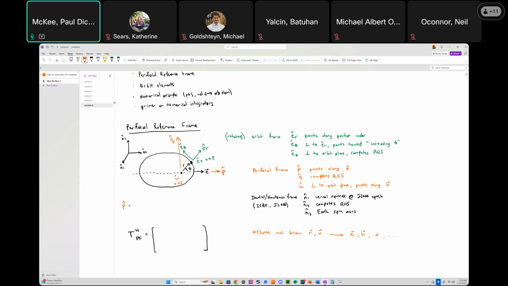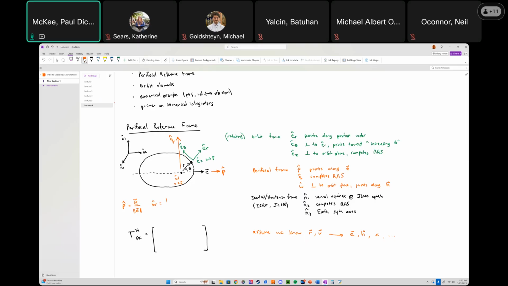So y'all are thinking about this a little too hard. P is just, you take E and then you normalize it. So I'm assuming you've already done the math to find the eccentricity vector, which just pops out of your position and velocity. And then similarly, your W vector points along the H direction.